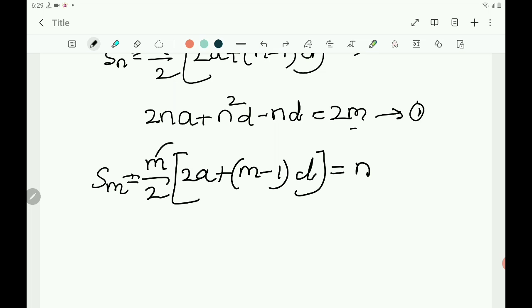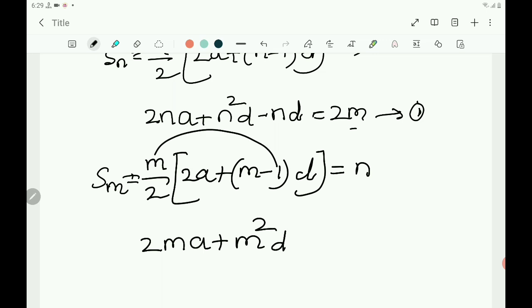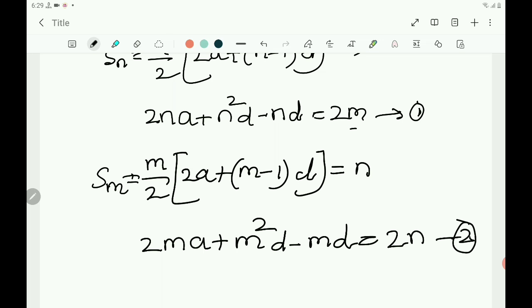That becomes m into 2a, 2ma, m into m d, m square d, plus m into minus 1 into d, minus md, equals, transferring this 2, 2n, which is considered as second.